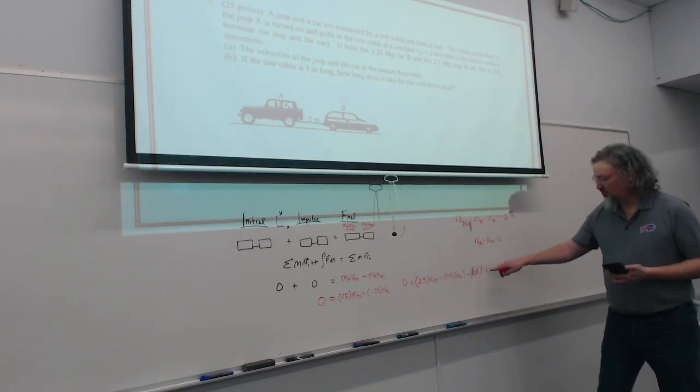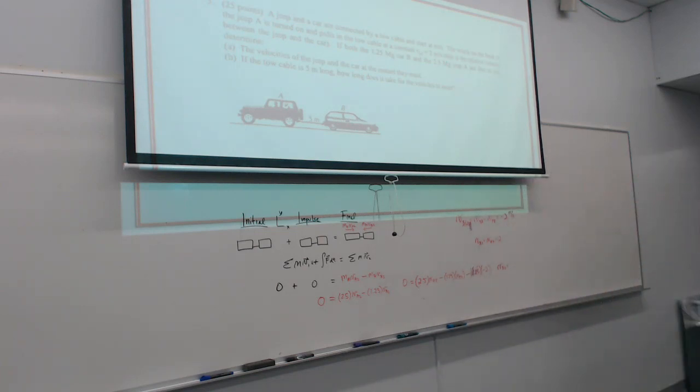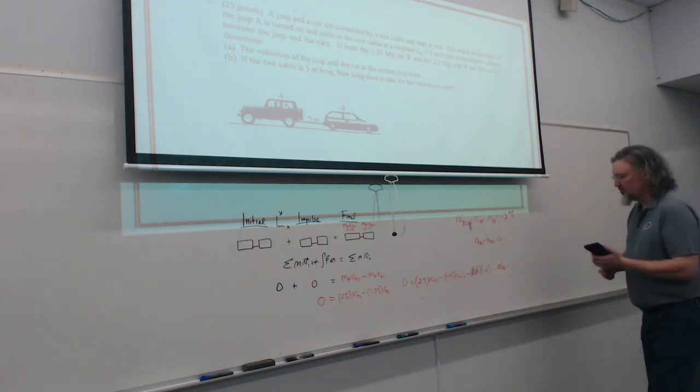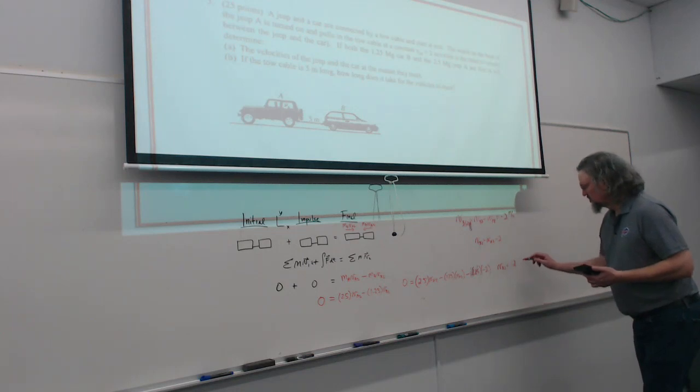So that should be this 2.5, right? The 2.5 goes to the other side. And I subtract out 2.5 by 1.25 and I get 2, which doesn't make sense to me, that this would be a negative 2. I don't think it is.